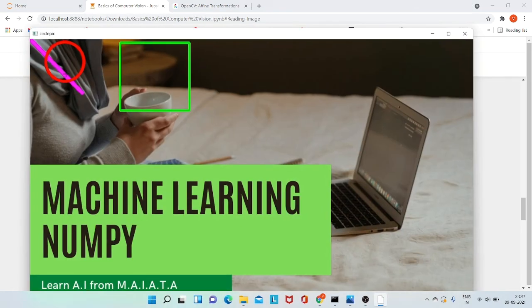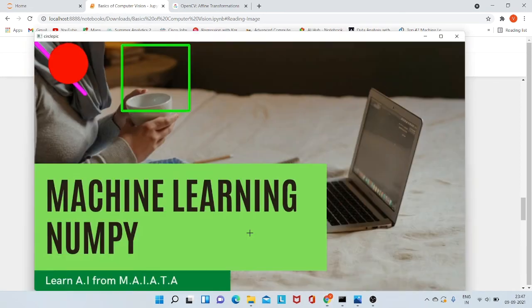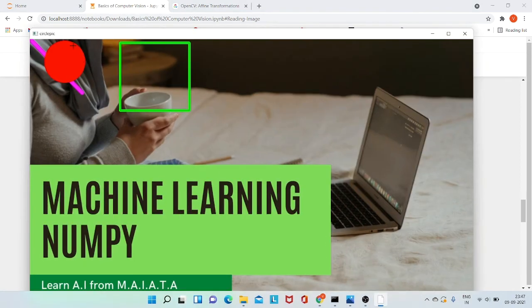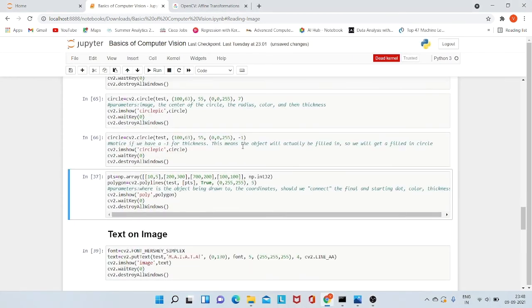Look, you have a circle, and if you want to fill it, then you can directly give -1 in place of thickness. So let's just run this. Look, now the circle is filled. So by giving -1 to the thickness, you can fill the circle.